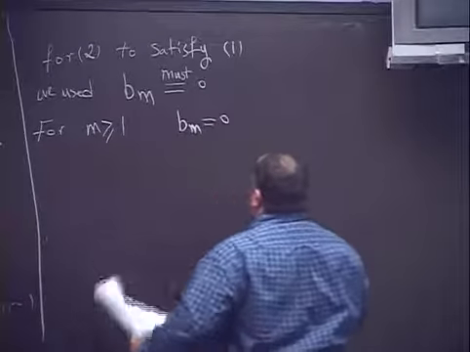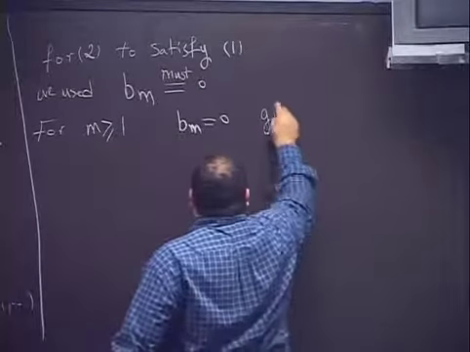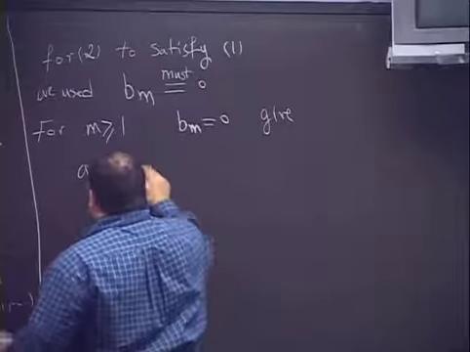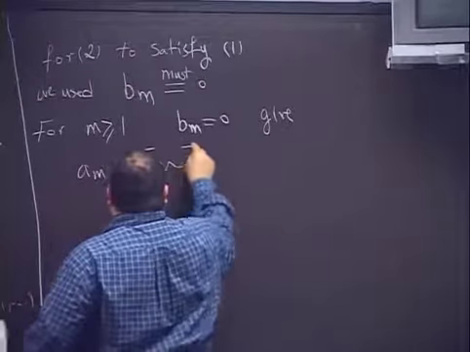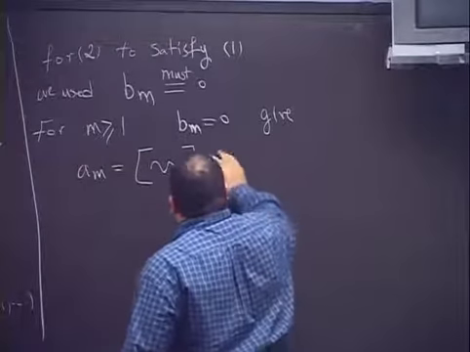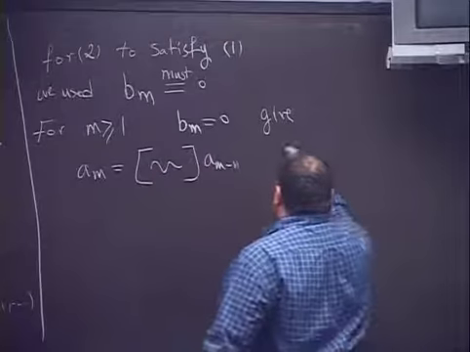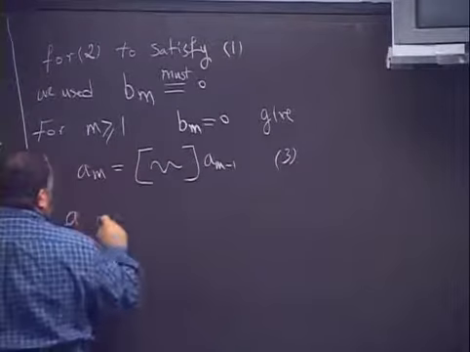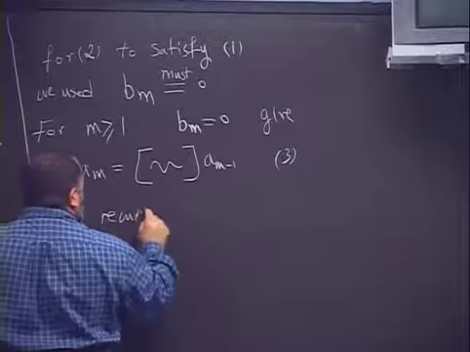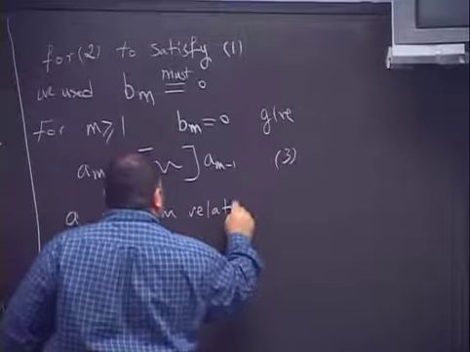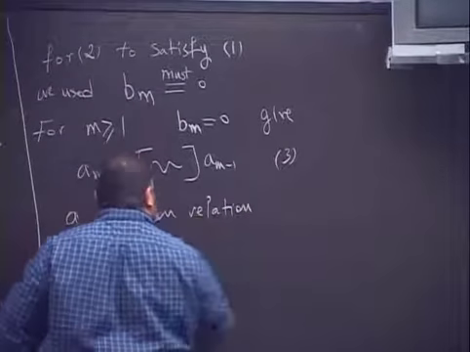Bm equal to 0 will give the recurrence relation. Am has some mathematical form multiplied by am minus 1, for example, and we'll call this 3, and this is a recursion relation.